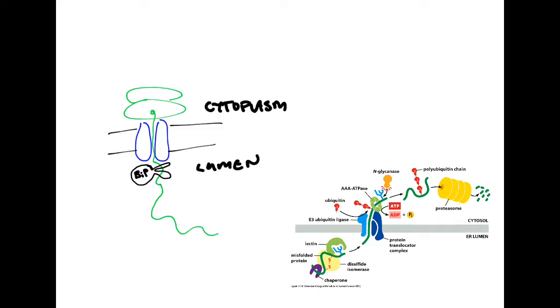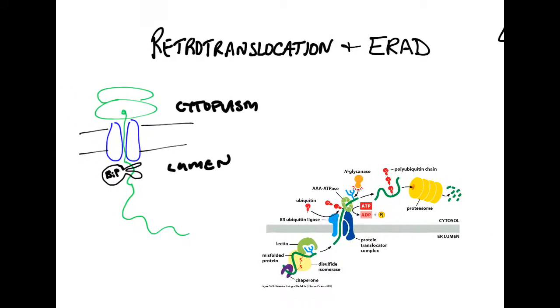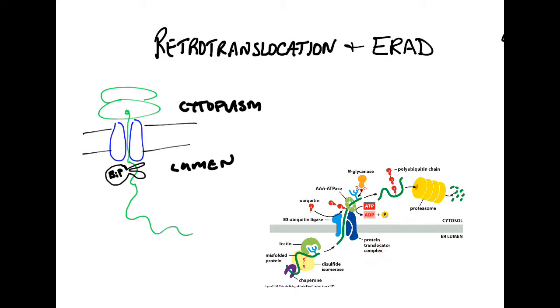So that sets the stage for the solution to the problem and the name for the phenomenon in general, which is referred to as retrotranslocation. And a more general description of the overall process that we're talking about, dealing with misfolded and no longer wanted proteins, is the term ERAD, endoplasmic reticulum associated degradation. That phenomenon is shown on the diagram down here, beginning in the lumen with this thing, which we'll now call a misfolded or unwanted protein.